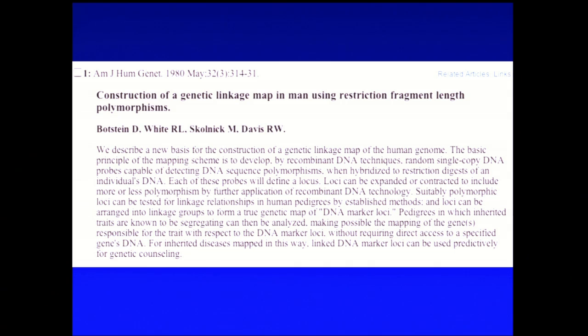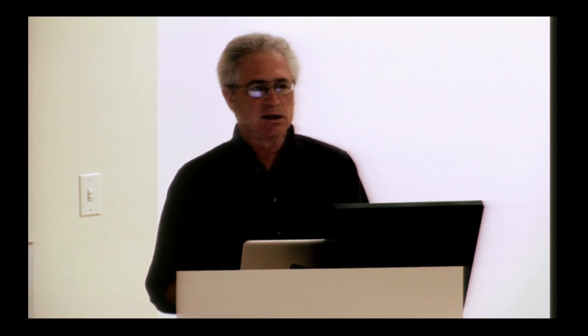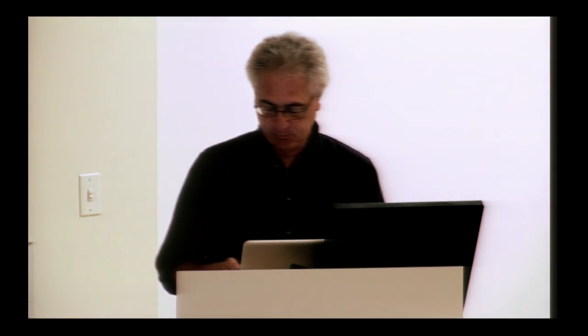And beyond the theoretical insight that this embodies is the technical insight, that by looking at a single assay, the measurement of DNA variation, we could now have one way to basically analyze loci all over the genome in a relatively efficient manner.